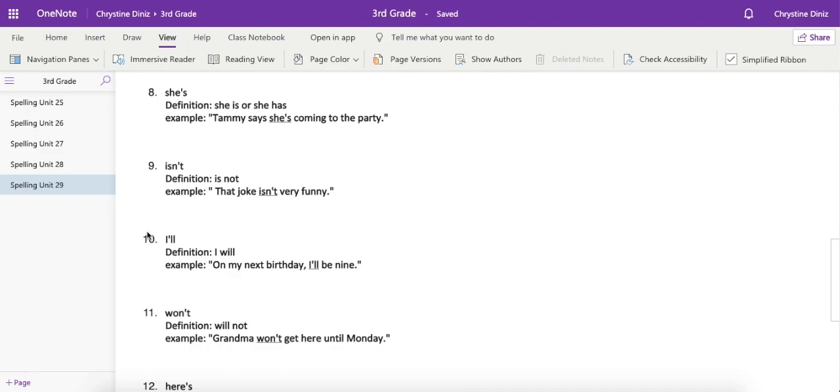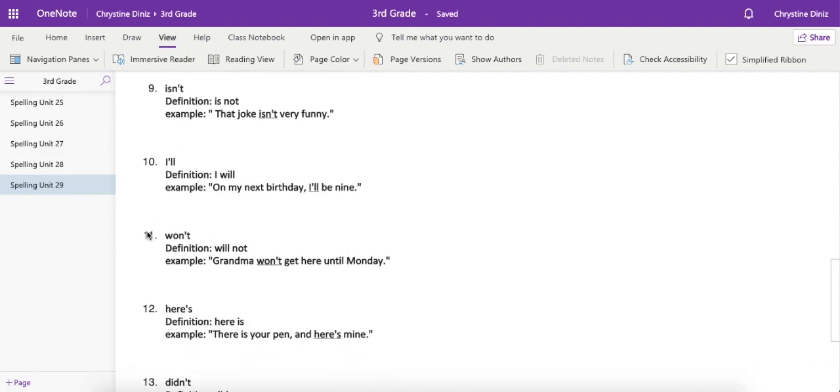Number eight, she's. S-H-E apostrophe S. The definition is she is or she has. The example sentence says, Tammy says she's coming to the party. Number nine, isn't. I-S-N apostrophe T. Isn't.